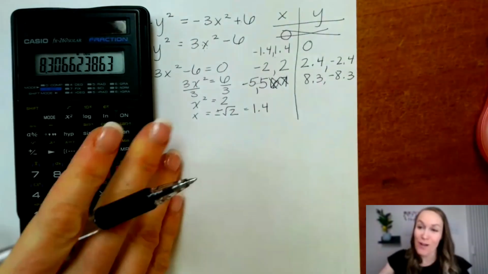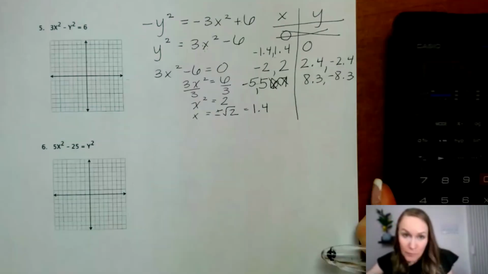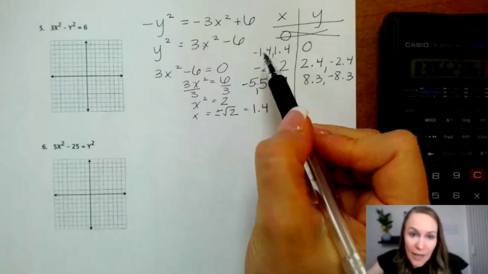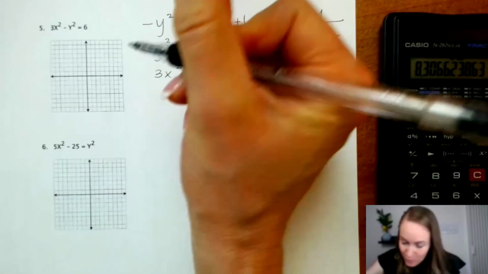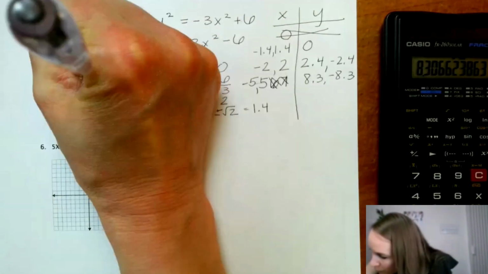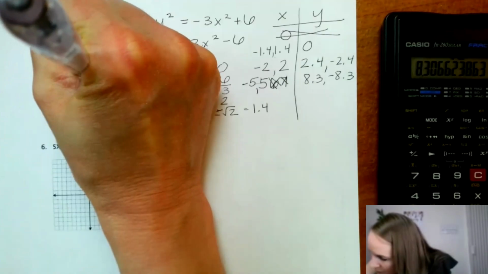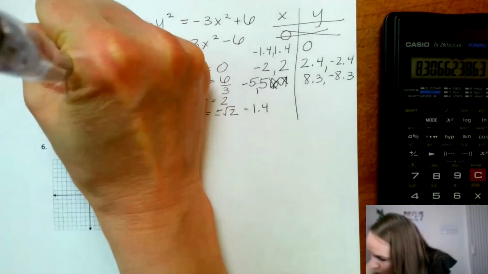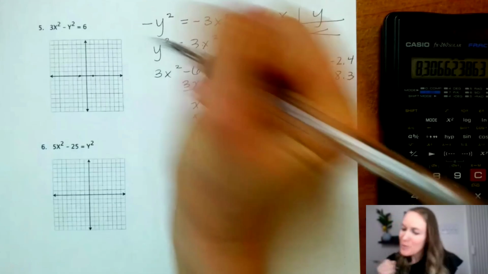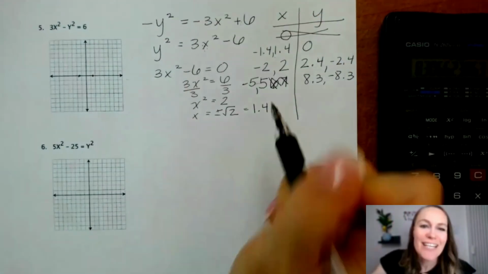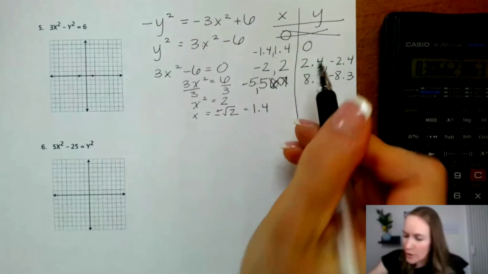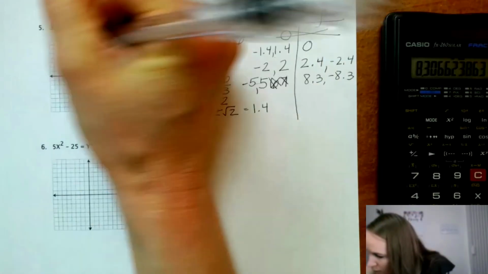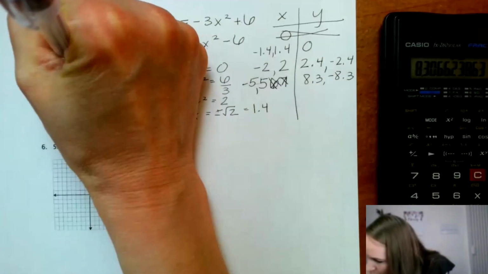Let's go ahead and graph all of these onto our graph. Okay, I have negative 1.4 and positive 1.4, comma 0. Looks great. So now I have negative 2, comma 2.4.